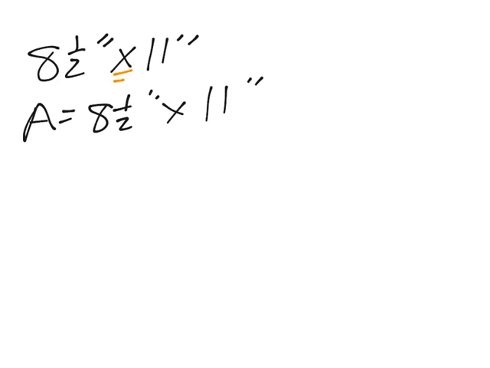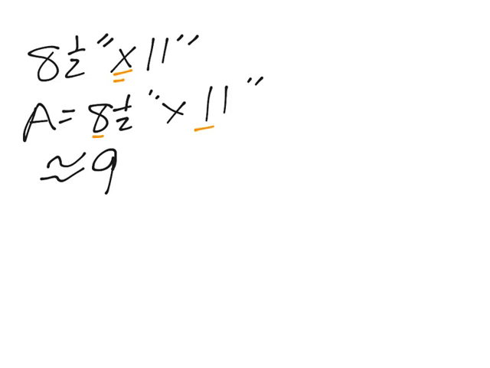Alright, so I'm trying to estimate it, and so I want to look at the largest place value of each of these numbers, or the most significant digit. In the 8.5 it's the ones place, and because a half is halfway, we round up.